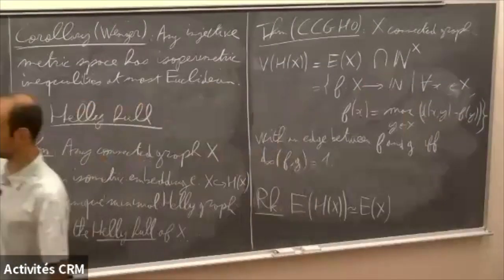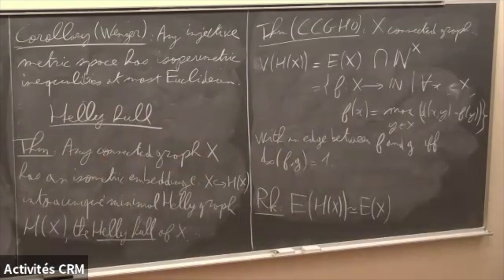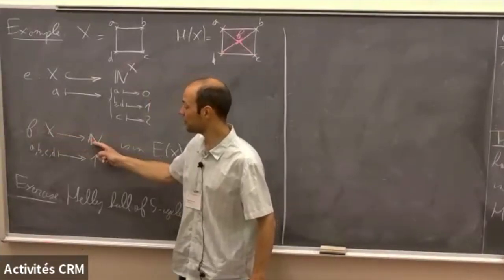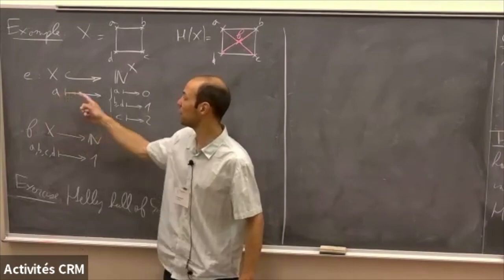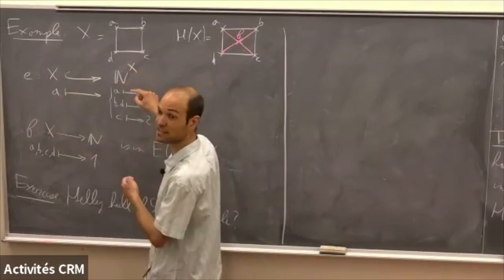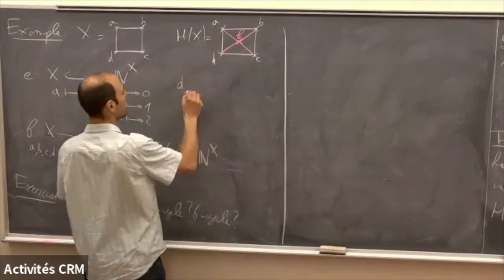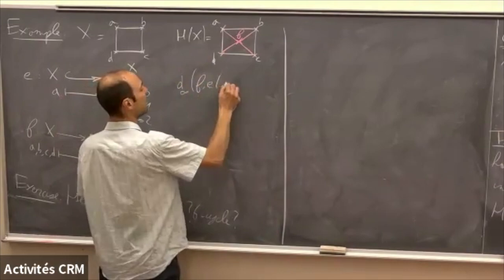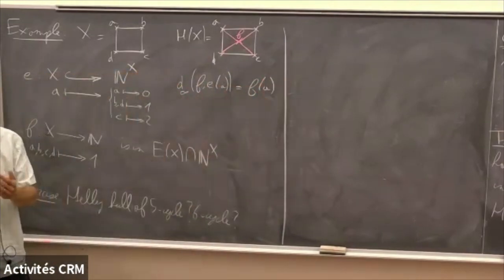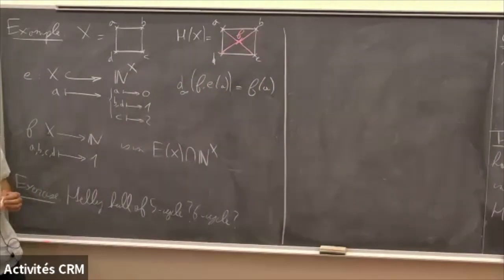So I should put an edge between F and A. So here you should see that if I have a function f from X to N, its distance to the image of A is the same as f of A. The distance between f and the image of A is f of A. This is a very useful property, so you pass from one to the other. And I use this to say that A and F are at distance one, so I should put an edge between the two.